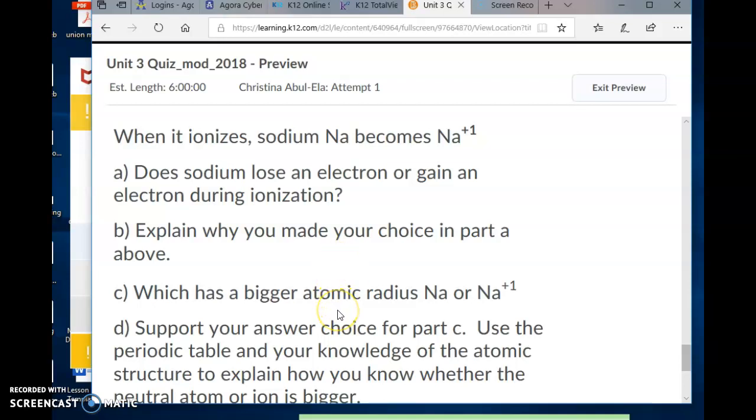Part C, which has a bigger atomic radius, the sodium neutral atom or the sodium ion Na plus 1? And in Part D, support your answer for Part C. Use the periodic table and your knowledge of the atomic structure to explain how you know whether the neutral atom or ion is bigger.